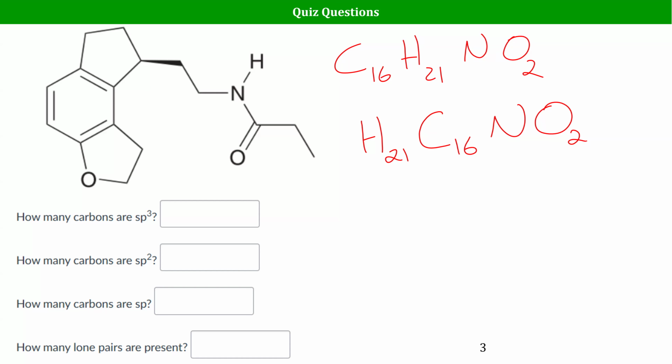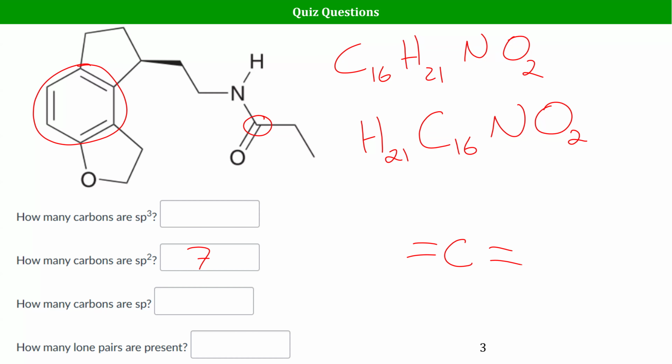So all 6 of those are sp2, and that one's sp2. So 7 sp2, and there are no triple bonds, so there's no sp. The only other way you can have sp carbons is if you had a double bond going both directions, and that's also very rare.